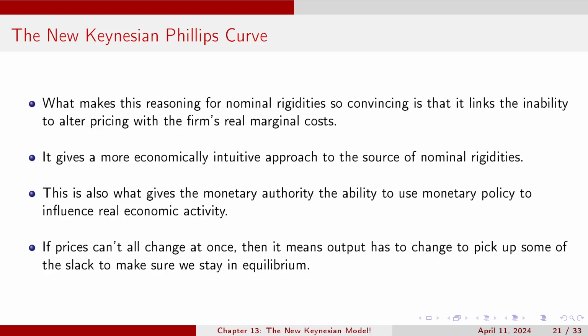We can see what's going on here. And because there's that disconnect between the ability to set prices and the firm's real marginal costs, that's where the monetary authority has the ability to use monetary policy to try to influence output.